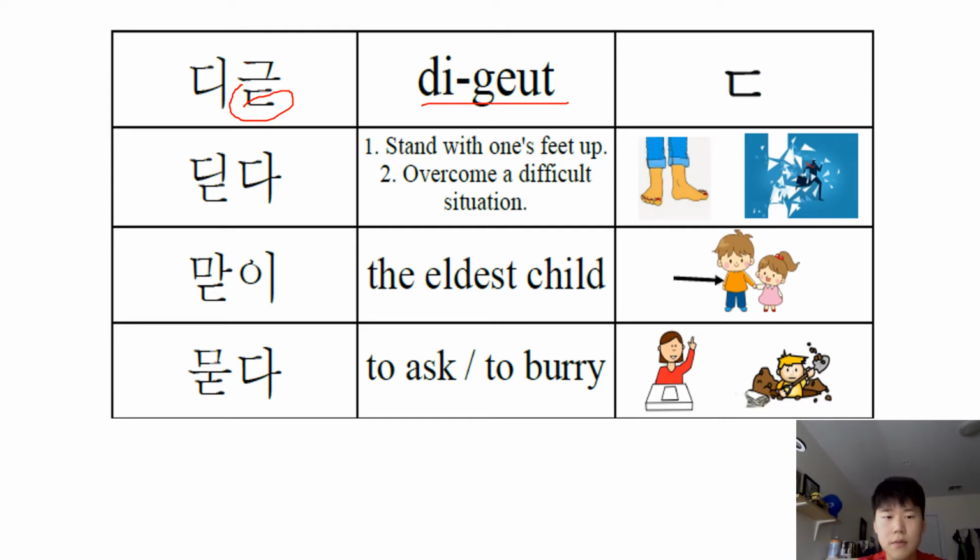And next, it's 디따, which is stand up with one's feet up, overcome a difficult situation. And that has a 디귿 받침 in the first syllable, right here.